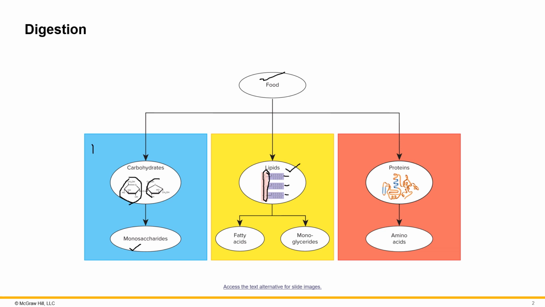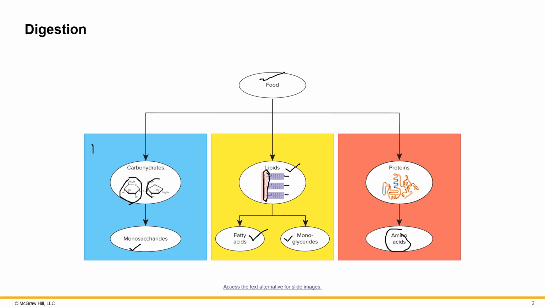What you're seeing here is a triglyceride. Lipases, which are the enzymes that break down lipids, can break lipids down into fatty acids and monoglycerides. Proteins are complex structures, and the monomers of proteins are amino acids.